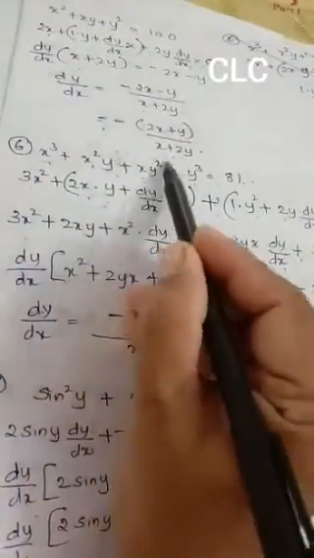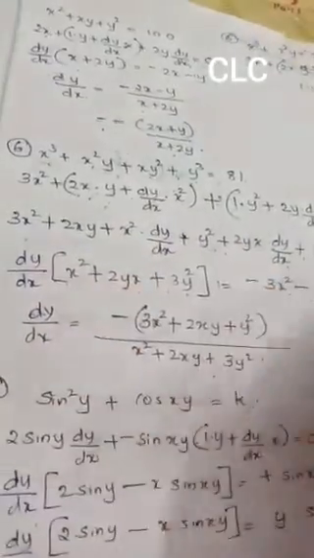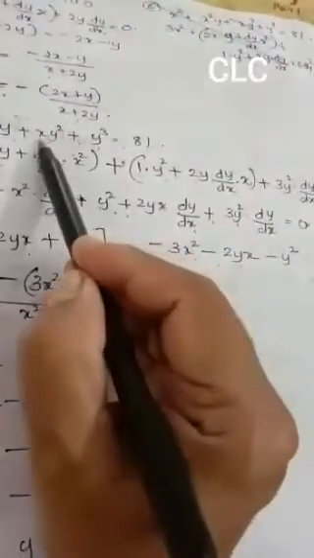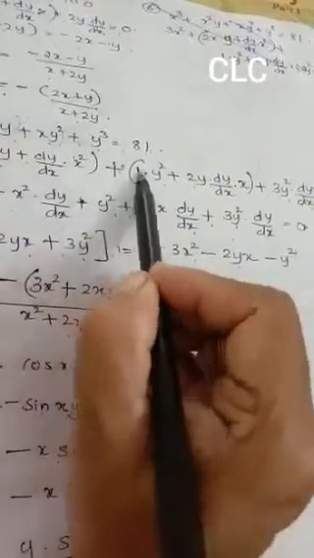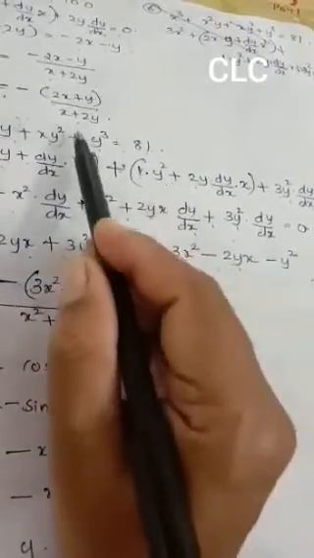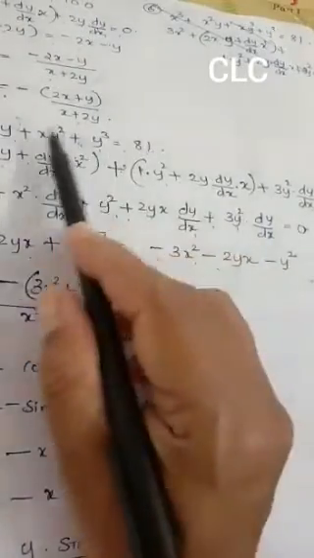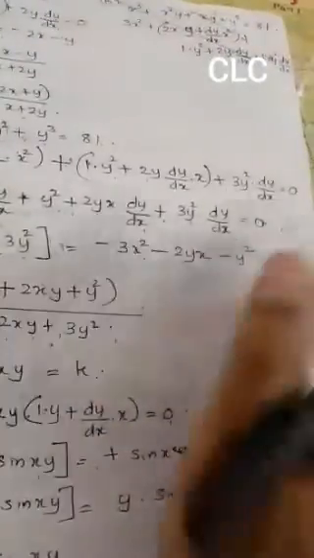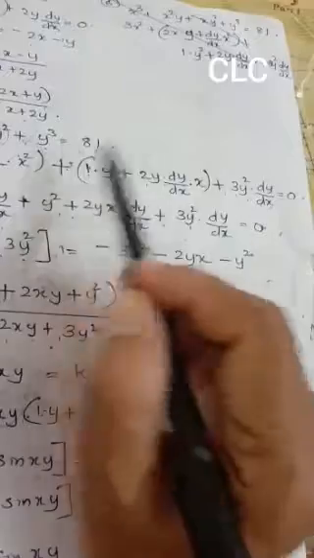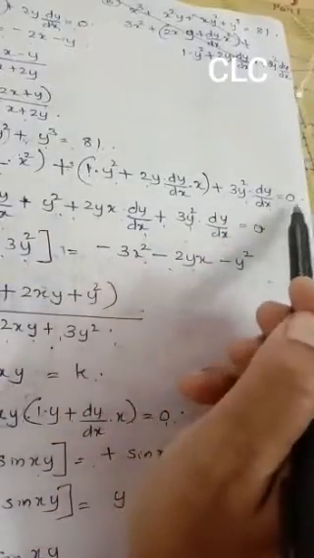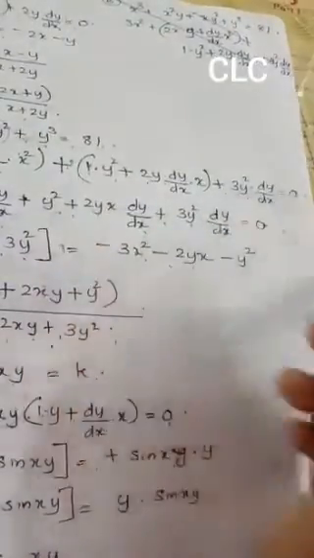Now another product rule, plus derivative of first, derivative of x is 1 into second plus derivative of second 2y, derivative of y dy by dx into first, plus 3y square dy by dx, which is equal to derivative of constant 0.